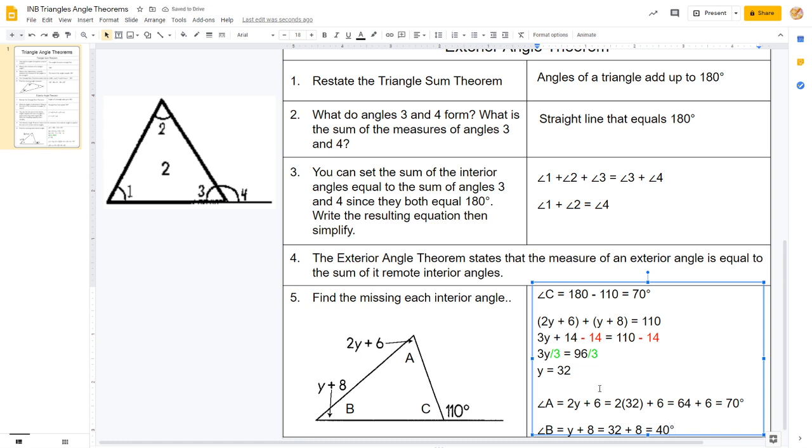And there we go. We have our answers, 70, 70, and 40. And I know these two are right because 70 plus 40 equals 110. And then 110 plus 70 equals 180.